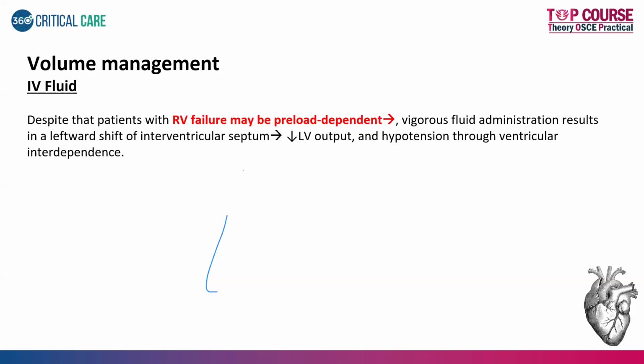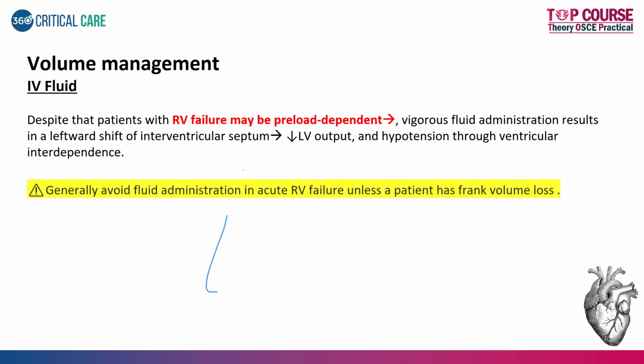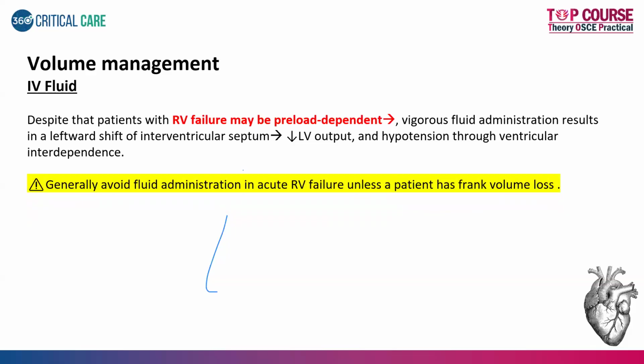This is something that we need to understand. It does not always mean that a patient who comes with pulmonary thromboembolism, because it's a right-sided pathology, should be loaded with fluid. As of now, only judicious fluid resuscitation is advised in pulmonary thromboembolism.